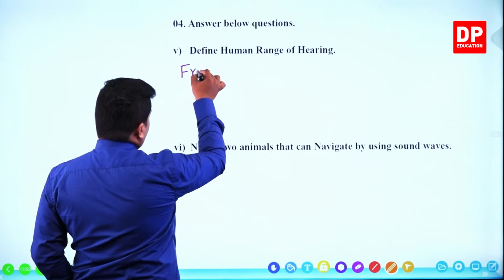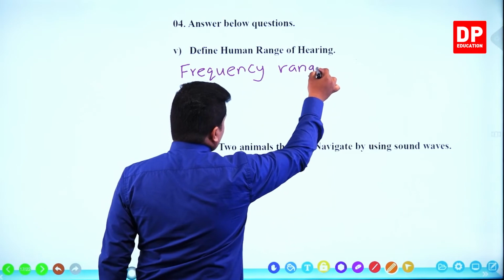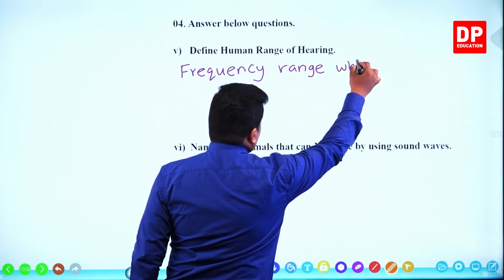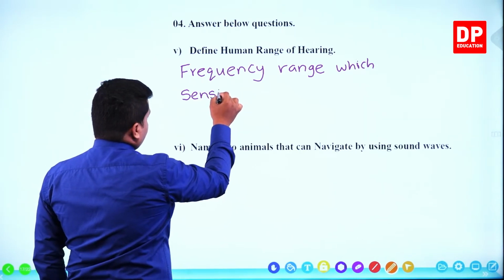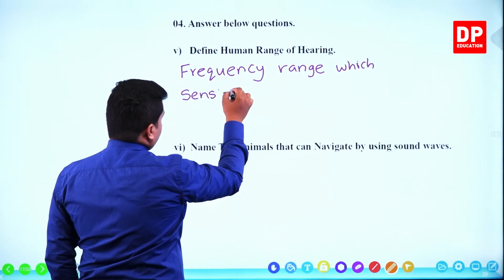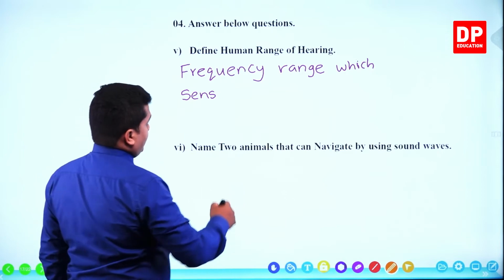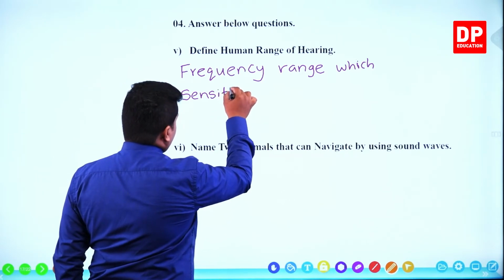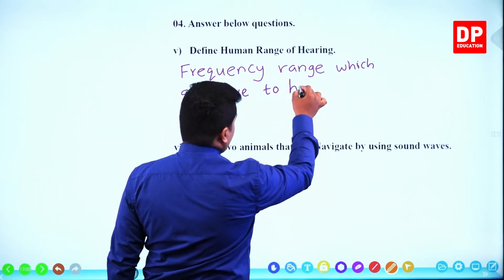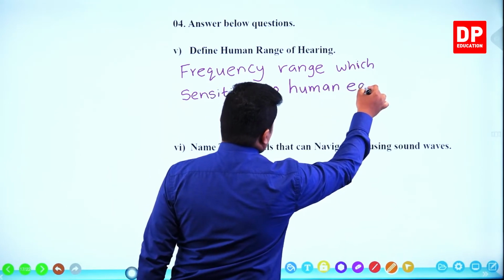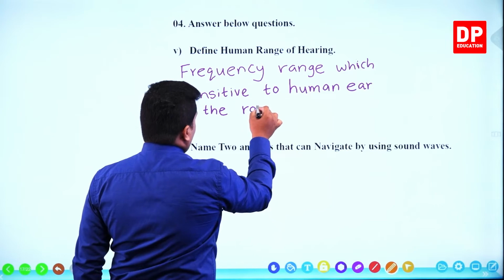So, the frequency range which is sensitive to the human ear is the range of hearing.